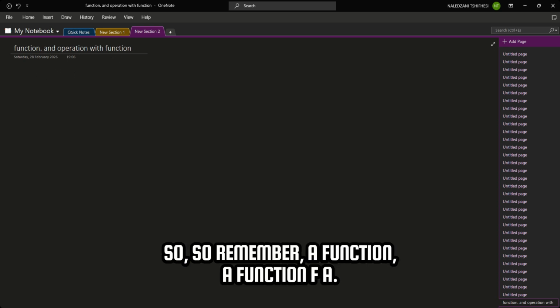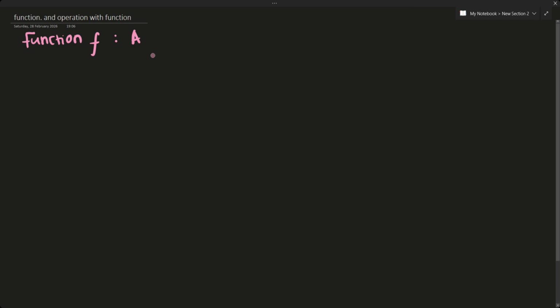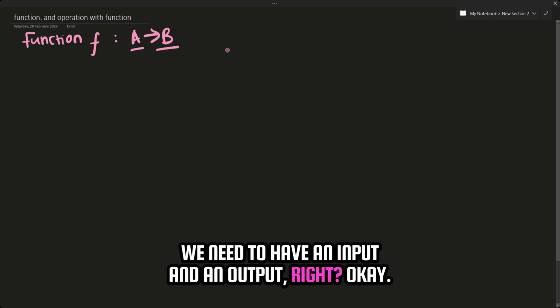So remember a function f, so we need to have an input and an output, right?